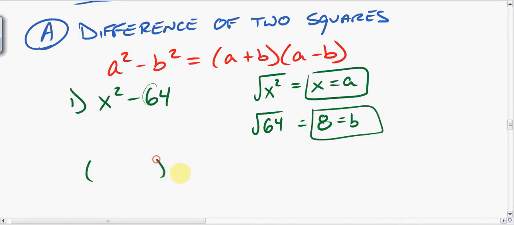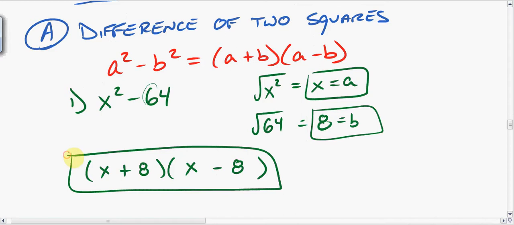So my solution is going to be two quantities. One of them is going to be addition, one's going to be subtraction. Where I have a's, I plug in x's. Where I have b's, I plug in 8's. So my answer here is going to be x plus 8 times x minus 8.